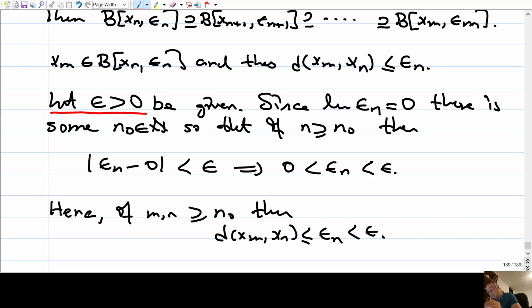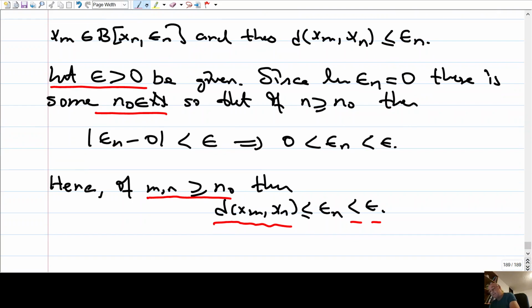For any epsilon, there is some n0, so that if m and n are both larger than n0, then this distance is less than epsilon. This is precisely the definition of being a Cauchy sequence.